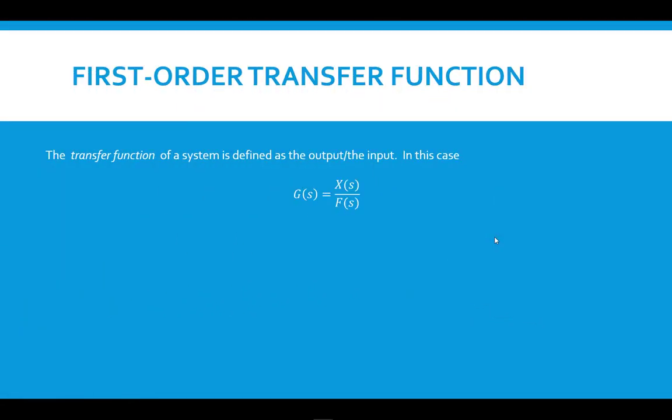The transfer function of a system is defined as the output over the input, and in this case the output is x and the input is the forcing function itself. So the transfer function is just a ratio of those two. If we go back to the expression on slide 2 for x, this is actually the Laplace transform of the ODE, and then we solve for x as a function of s.